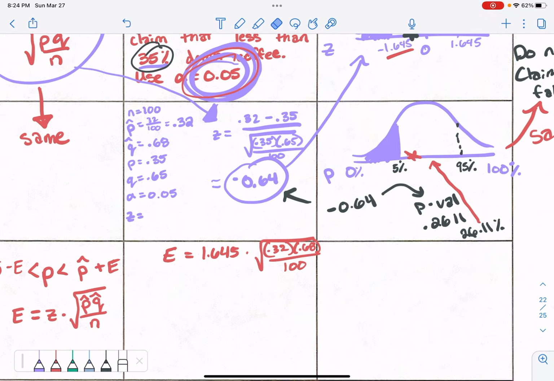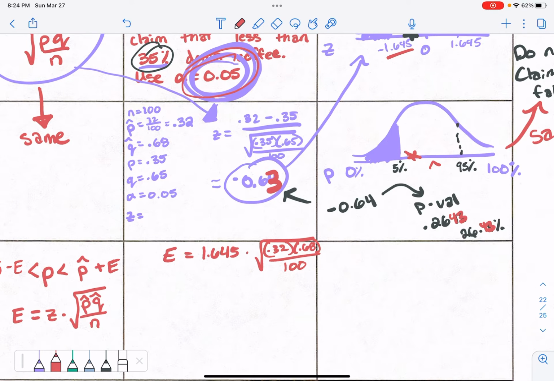I think this last number was supposed to be 0.63. So our p-value will be off just a little bit. It will actually be not 26.11, I think I typed something in wrong. With 0.63, it's 26.43. It'll actually round to 43. So just a little bit of a change, but it still doesn't change our result. It's the same.